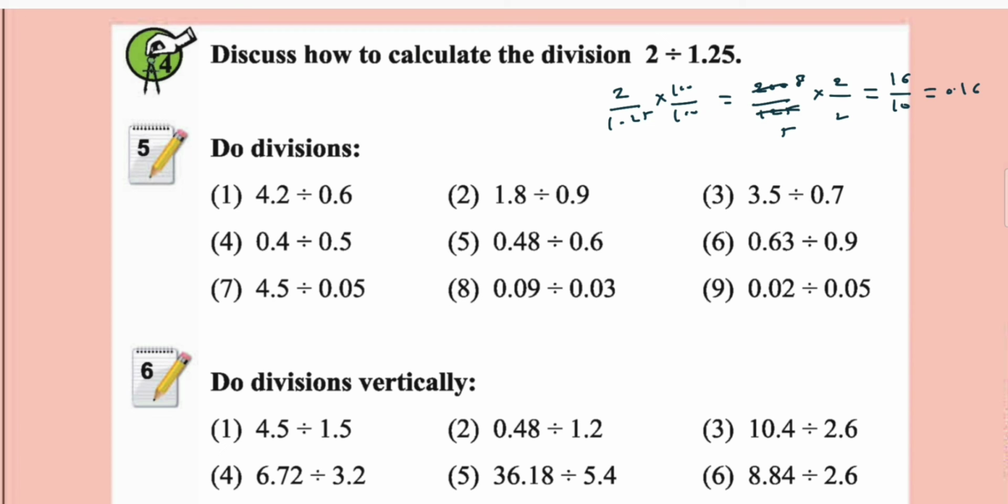Okay, is that right? 2 by 1.25, we got 0.16, right? Now if you multiply 0.16 with 1.25, you must get 2. This is 16 by 100, this is 125 by 100. 25 5s are 125, 25 4s are 100, 4 4s are 16.